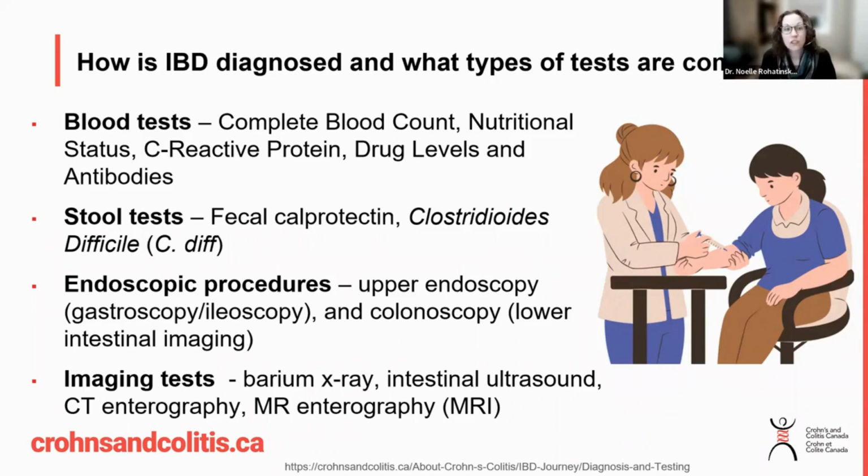They can also check for the amount of medication in your bloodstream and if your body has developed antibodies to medications. Our bodies might make antibodies because they don't recognize the drug. It's outside of us, it's inserted into us, and so they recognize it as foreign.